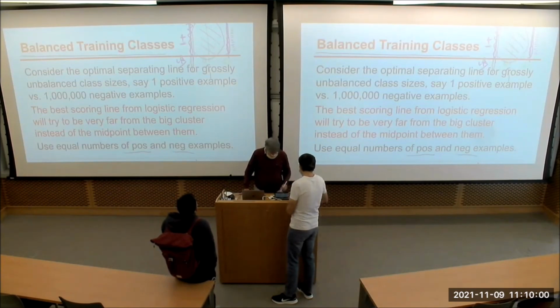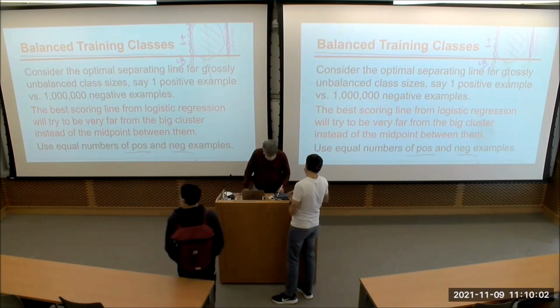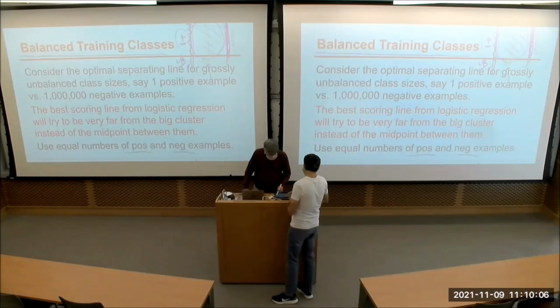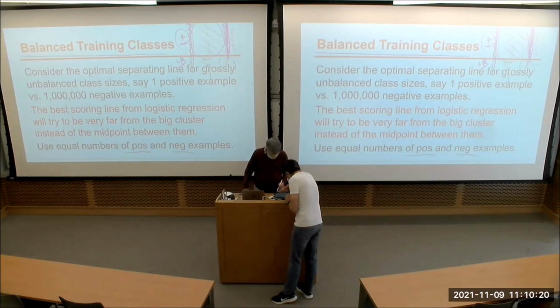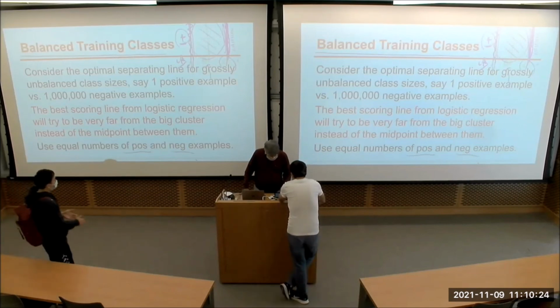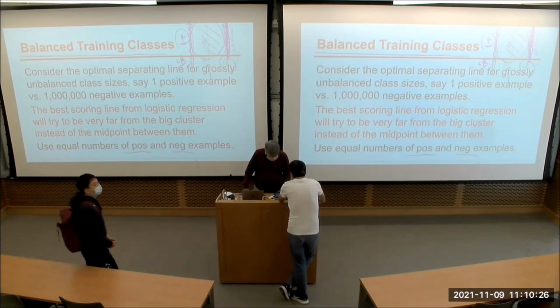Moving the line over to here gives more weight to this than to all of the 1,000 examples. If you want to be really conservative, you would pick that line, or at least something between B and C. If you like support vector machines, the support vector machine would pick this one.